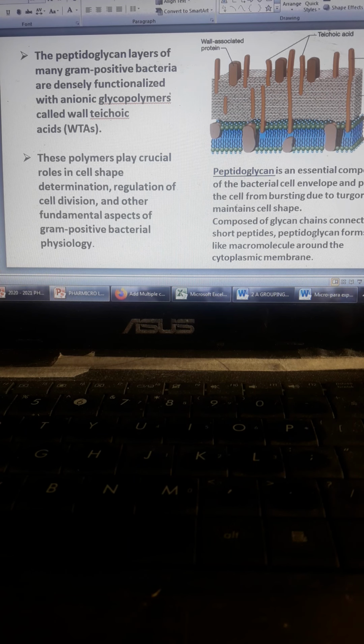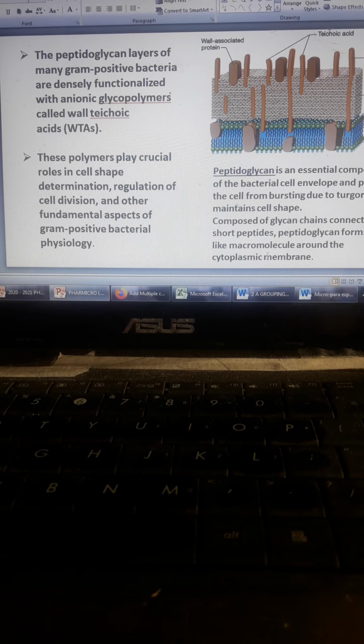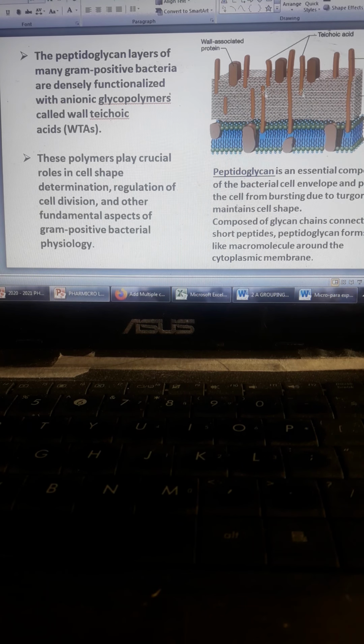That's why it is termed peptidoglycan, forming a network macromolecule around the cytoplasmic membrane. So there is a chain of sugars plus the peptide. The name is derived from peptide plus the glycans, or the carbohydrates, that are bonded. So they play an important role in the protection of the bacteria.